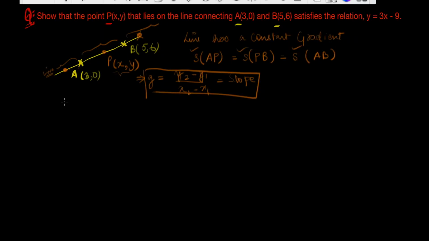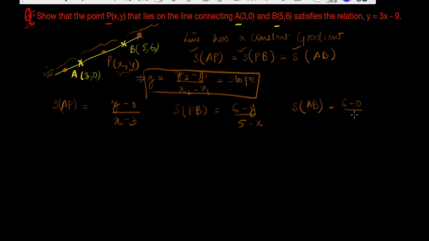So for AP, slope of AP turns out to be, well, difference in the y coordinates, y minus 0, divided by x minus 3. The slope of the segment PB turns out to be 6 minus y divided by 5 minus x. The slope of AB turns out to be independent of the coordinate of P, and that turns out to be 6 minus 0 divided by 5 minus 3 in that particular order.